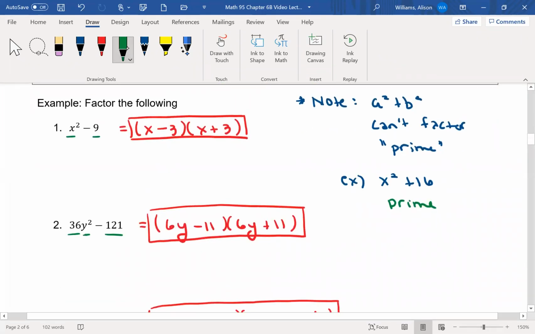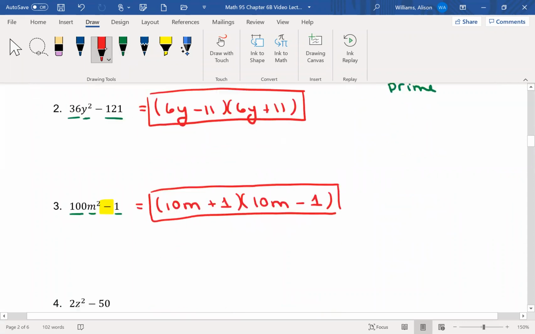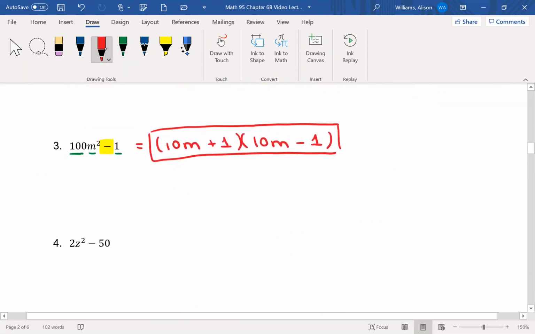Okay, so here, let's try a couple more. The only way it kind of gets interesting is if they maybe throw in a GCF. So I noticed 2 is not a perfect square, okay, and neither is 50. However, 2 does go into 50. So I could first factor out a GCF of 2, which would leave me with z squared minus 25.